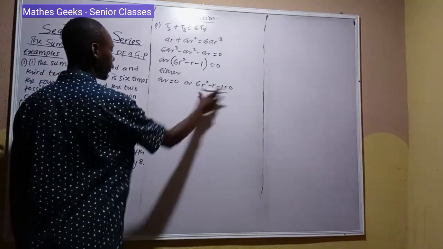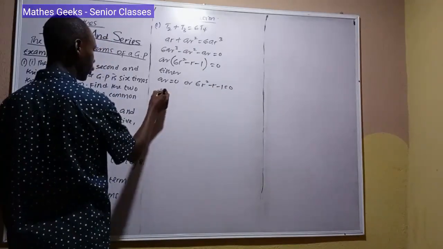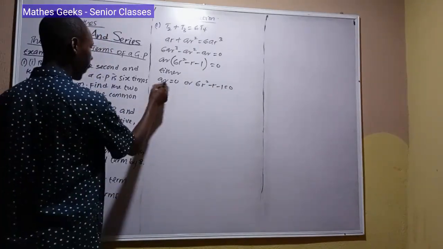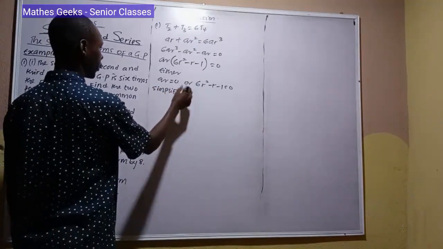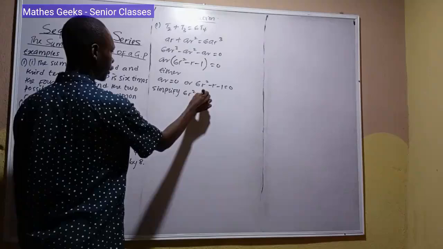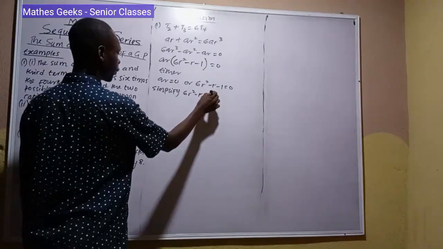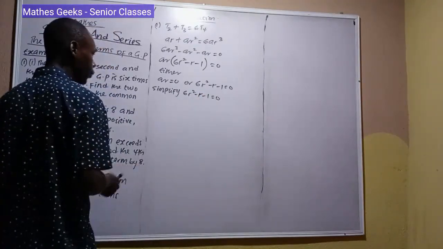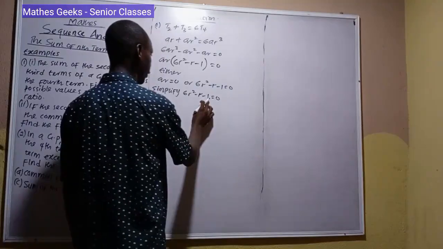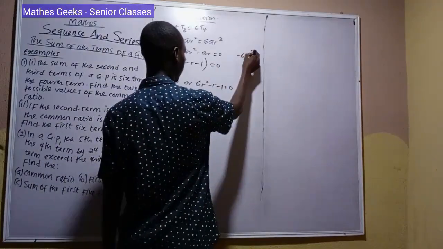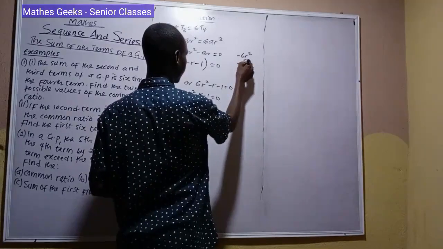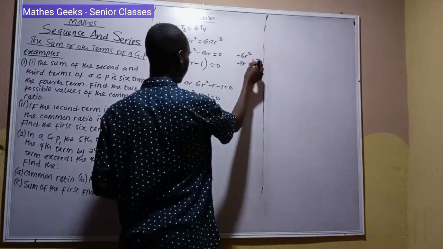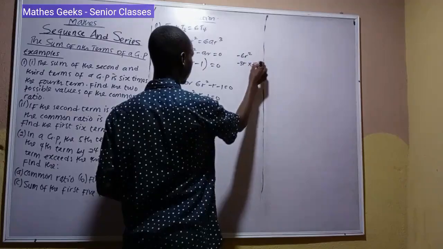So let's simplify this part. We have a quadratic equation right now: 6R squared minus R minus 1 equal to 0. 6R squared times minus 1 will give us minus 6R squared. So two factors here are minus 3R and plus 2R.